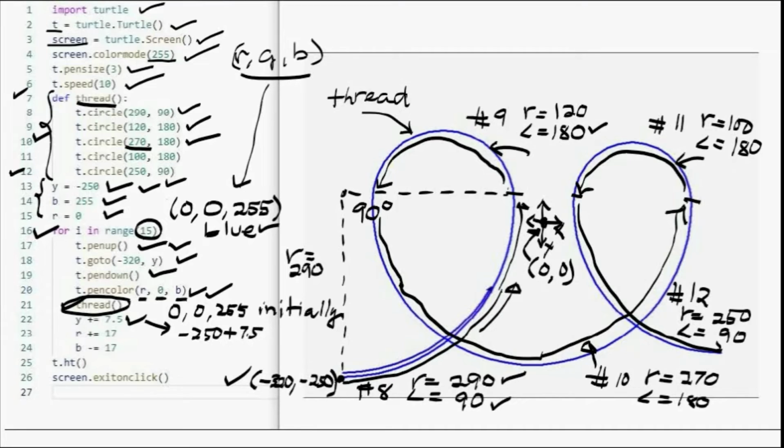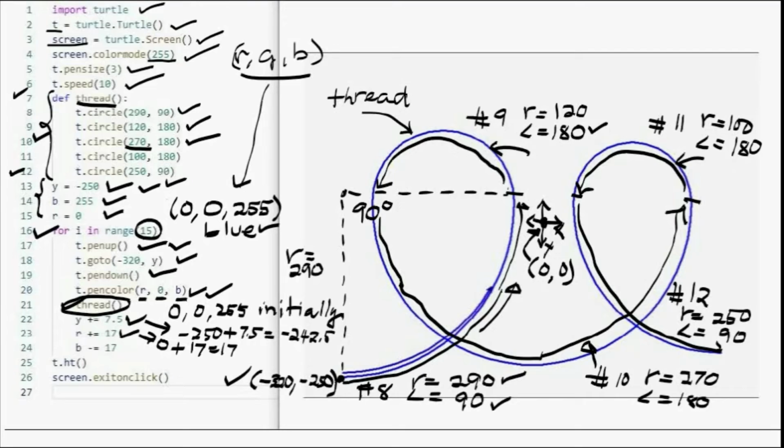And then the r here I will change. The initial r, which is 0, will become 0 plus 17, and this is 17. Incidentally, our y is now negative 242.5.